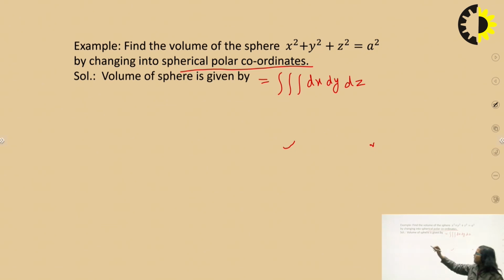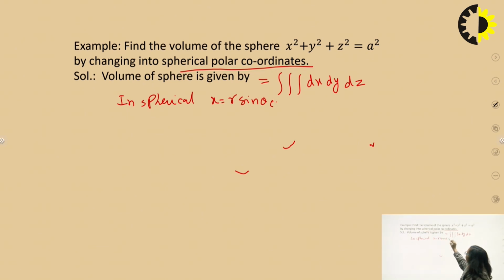So I know that in spherical coordinates, as we have just discussed, x I can write as r sine theta cos phi, y is equal to r sine theta sine phi, and z equal to r cos theta.